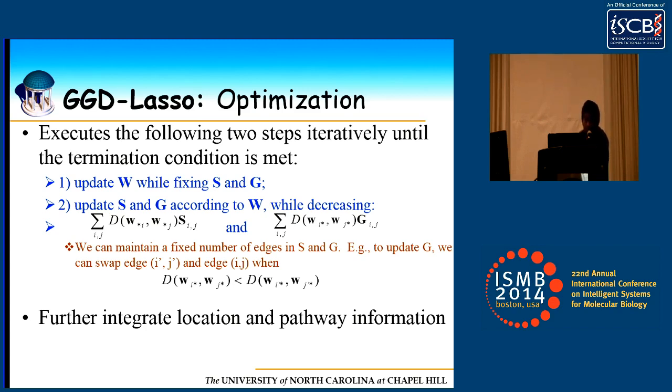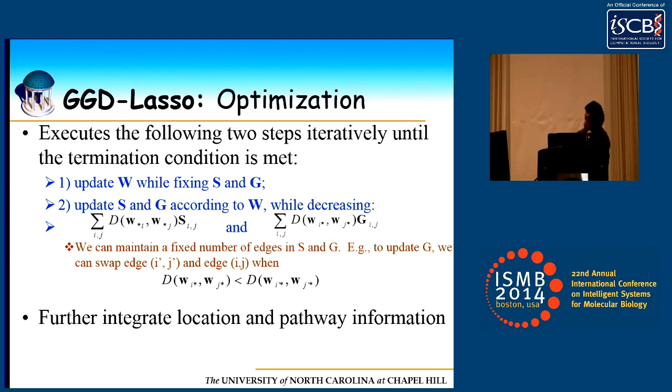To achieve that, we can, for example, maintain a fixed number of edges in S and G. For example, in order to update G, we can simply swap the edge i', j' and the edge ij when the following inequality holds.